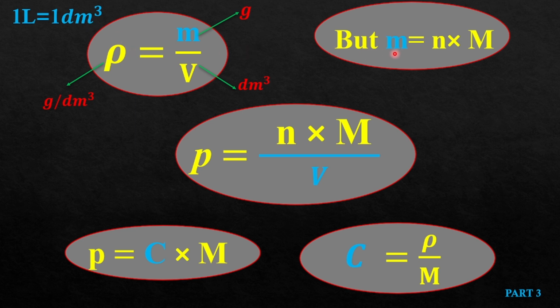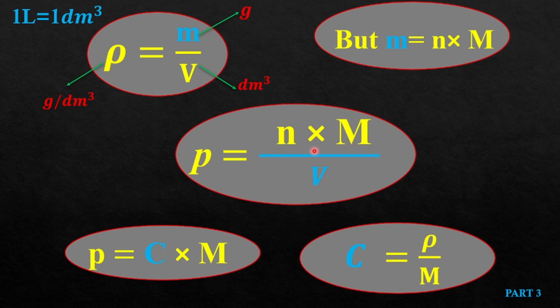But we also know that mass is equal to n times M. That is, when you make mass the subject from n equals mass over molar mass, this is what you get. So in place of this mass, we can insert n times big M. So P here will be equal to n times big M over volume.